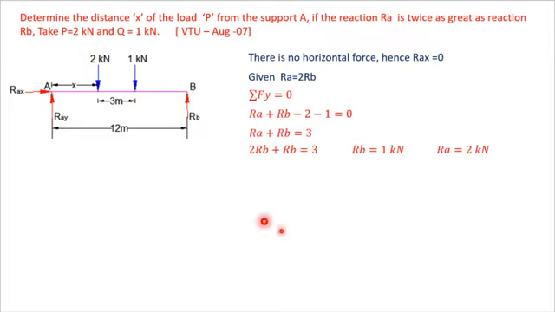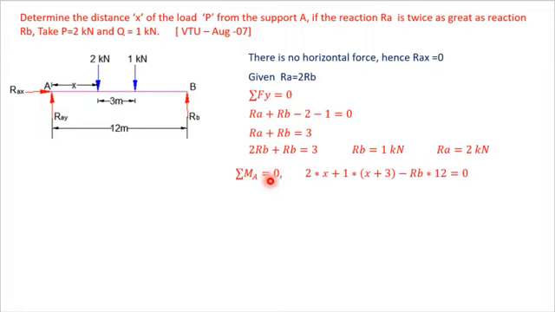But we know that Ra plus Rb equals 3, the total. Ra equals 2Rb, so I will substitute. Then it will be 3Rb equal to 3. Therefore, Rb equals 1 kilonewton. Then Ra is 2 times Rb, therefore Ra equals 2 kilonewton. These are the reactions.